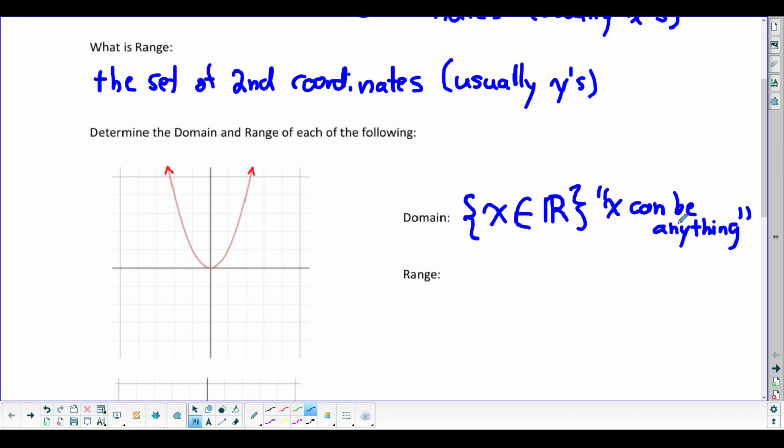We don't need to write this blue part in our final answers. Well, I guess the whole thing's blue. Don't need to write the second part in our final answers, but that's what it's saying. X can be any number. Now, how we would actually read this mathematically: x is an element, that's what this E thing stands for, of real numbers.